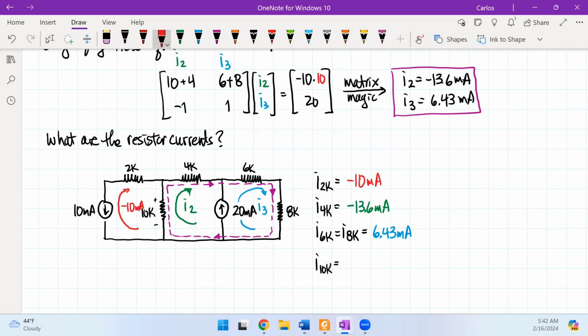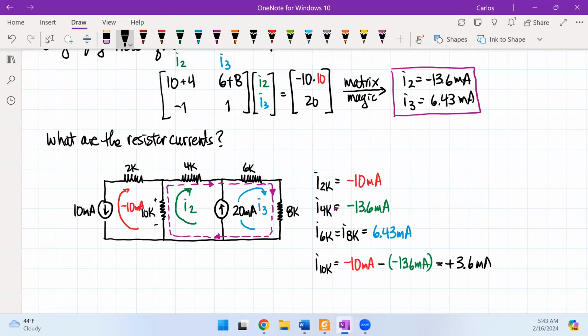So if I do that, then I see that the superposition of the currents tell me that this is going to be 10 milliamps minus I2, but I2 we see is minus 13.6 milliamps.